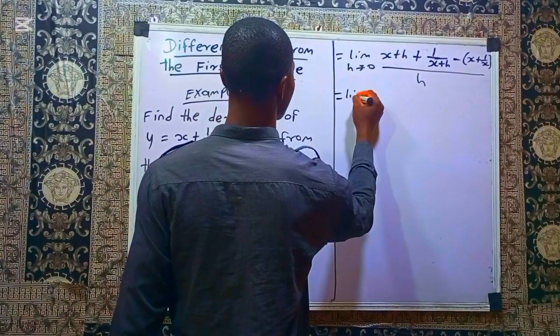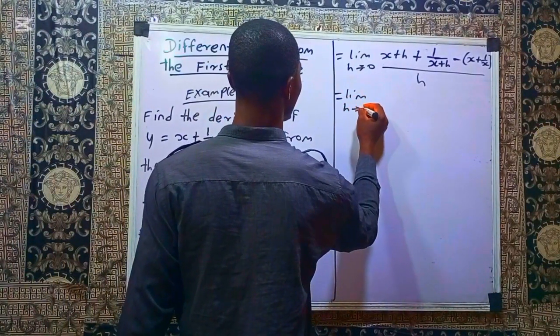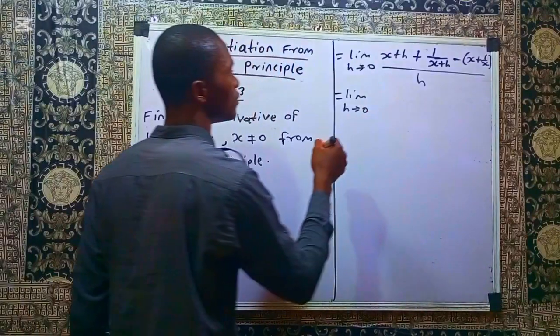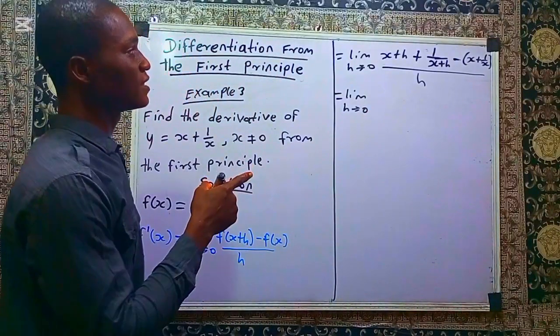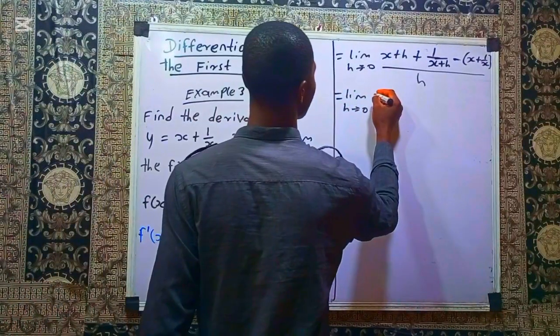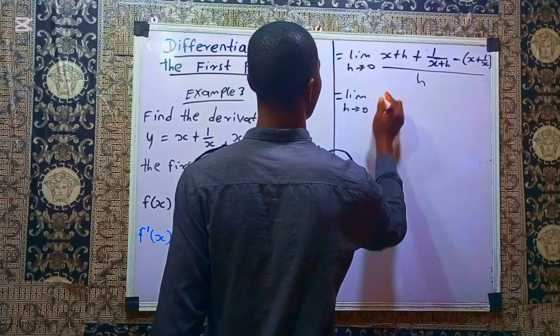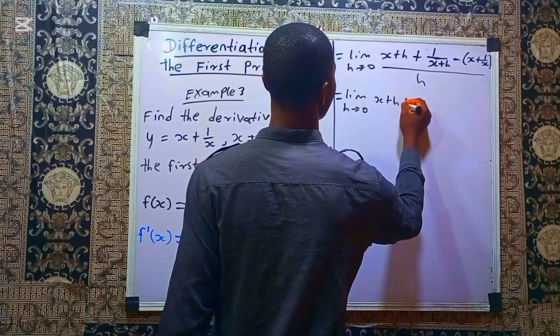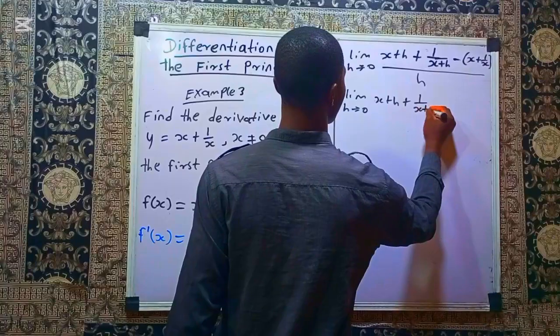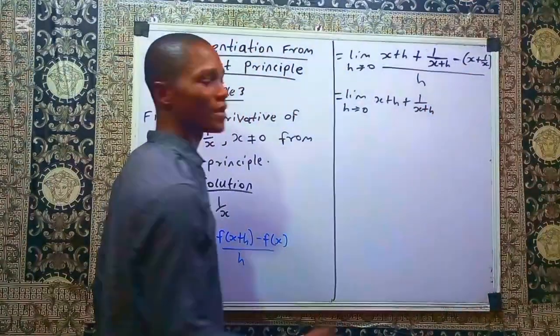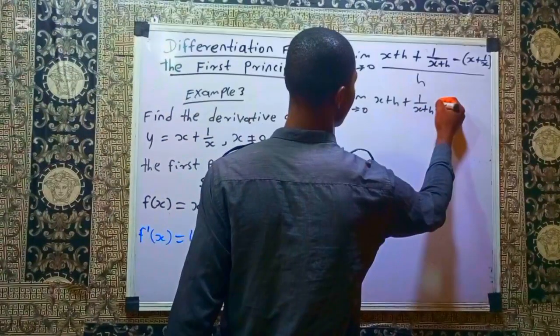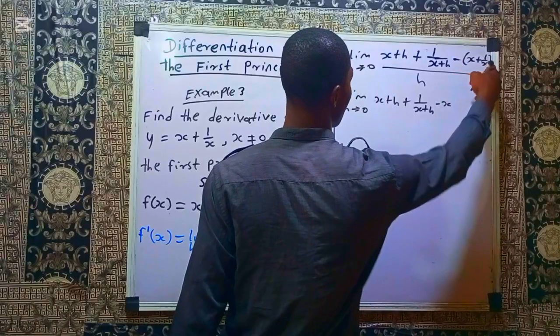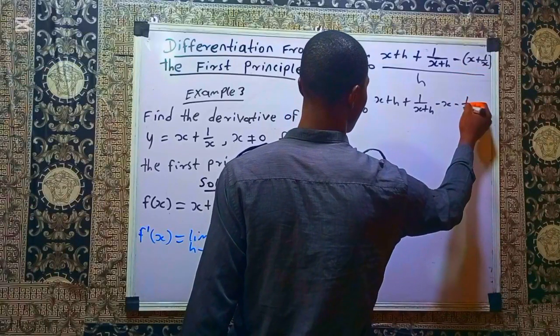So this is the limit as h goes towards 0 of, we can simplify this expression. What we have here is x plus h plus 1 over x plus h. Then we can open this bracket by minus. Minus multiplied by positive x is minus x. Minus multiplied by positive 1 over x is minus 1 over x.